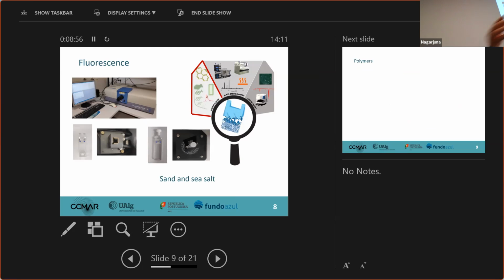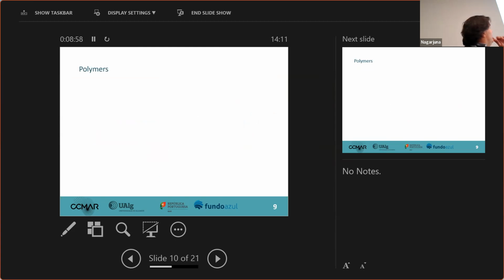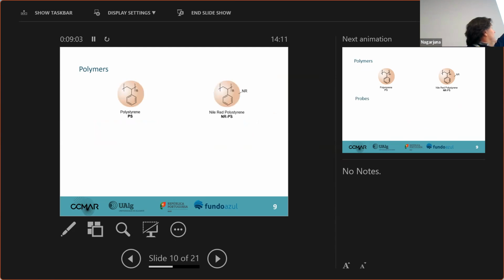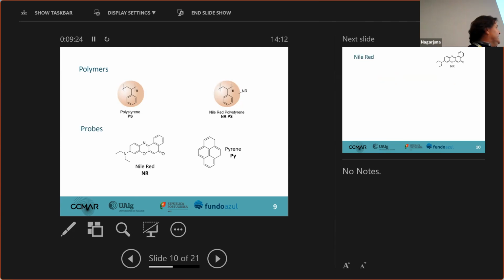To explore this, we chose polystyrene particles, also polystyrene particles covalently linked to Nile Red. That is a polarity probe that is probably the most used for microplastics. We use the probe Nile Red because it's known and used, and we also started using pyrene.